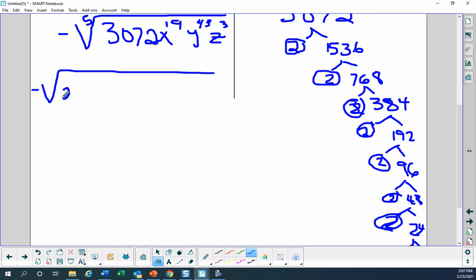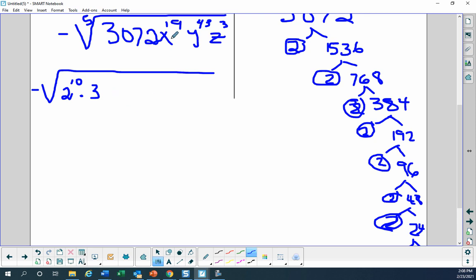So I have 2 to the 10th power times one 3. And you can check this, because it's a long number, you can just go to decimals and put 2 to the power of 10, and then times it by 3. That should give you 3072.